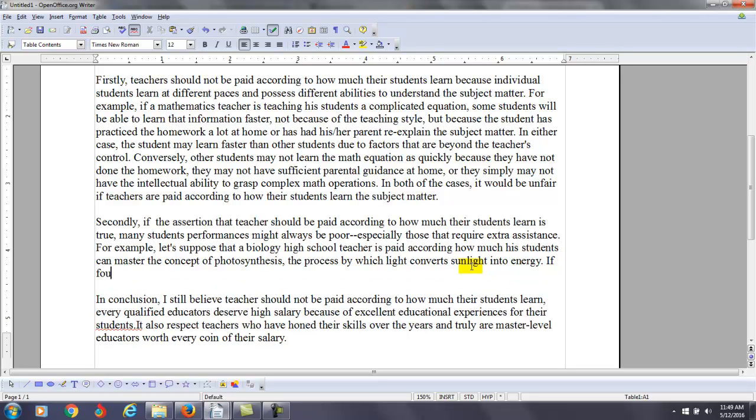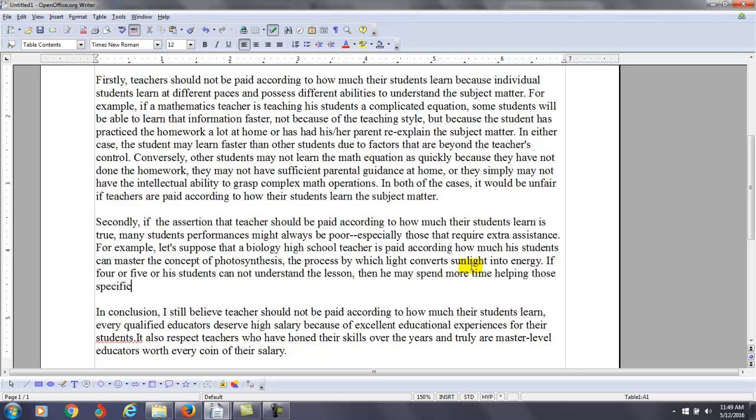If 4 or 5 of his students cannot understand the lesson, then he may spend more time helping those specific students to learn the concepts.